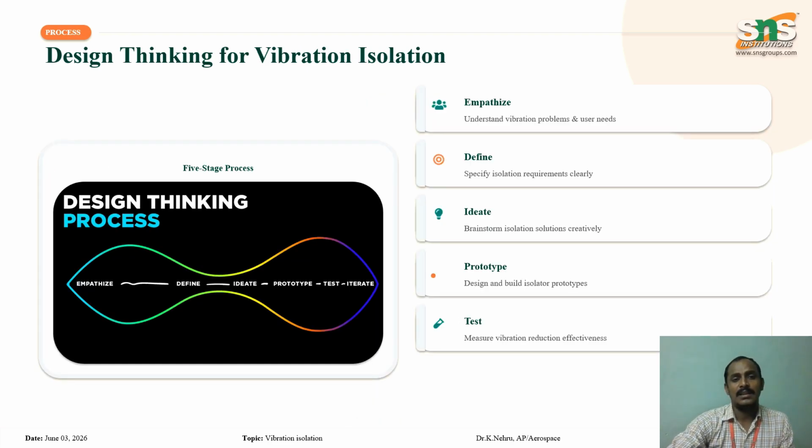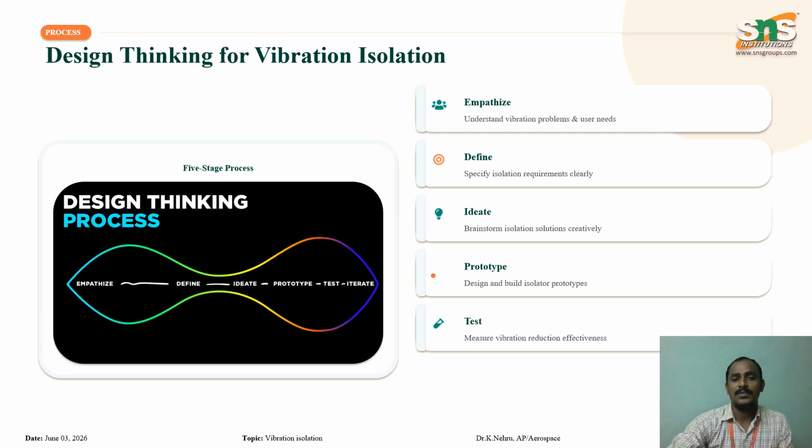In engineering, engineers rarely arrive at the best design in the first attempt. Instead, they follow the design thinking process. First, empathy: understand the vibration problem and identify who is affected. Then they define clear isolation requirements, for example, minimum allowable vibration, operating frequency, weight limitations, and environmental conditions. Next, generate multiple design solutions, such as different spring materials and rubber mounts.